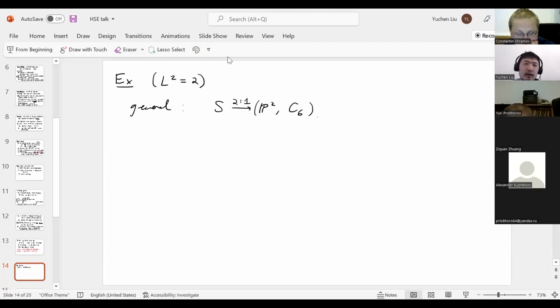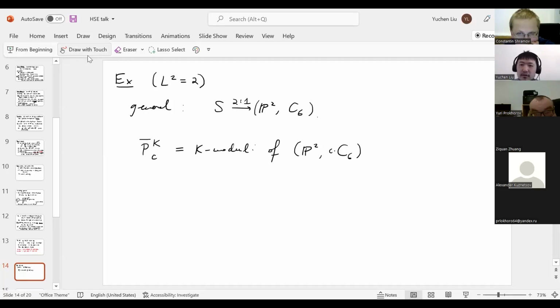So you just let M bar K,c, and let me change my notation, let me use P here. This is the K-moduli of P2 and a degree 6 curve with coefficient c. Here my c is between 0 and 1/2 because I want the pair to be log Fano.